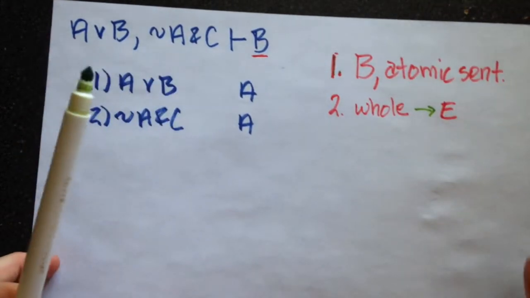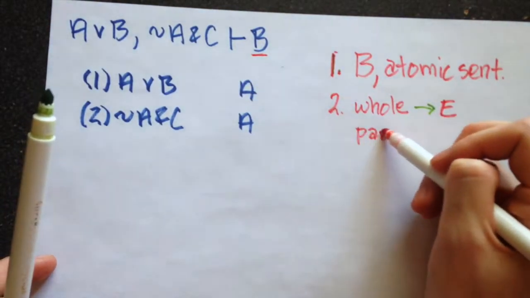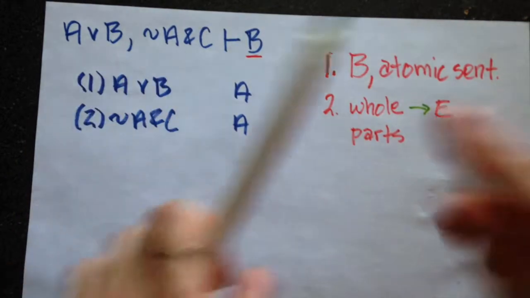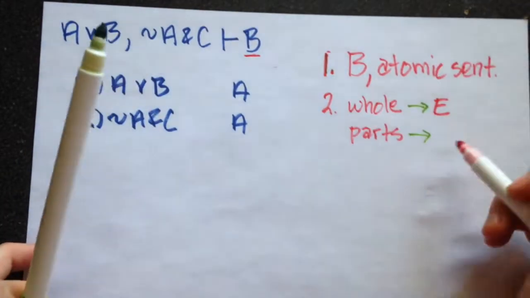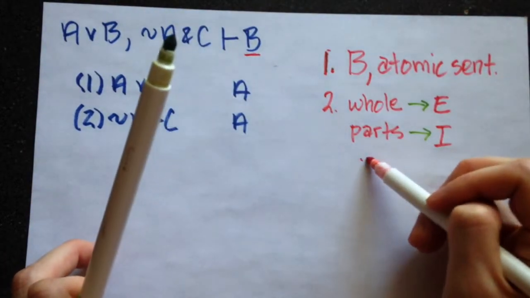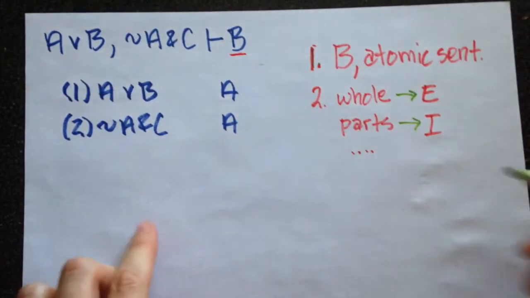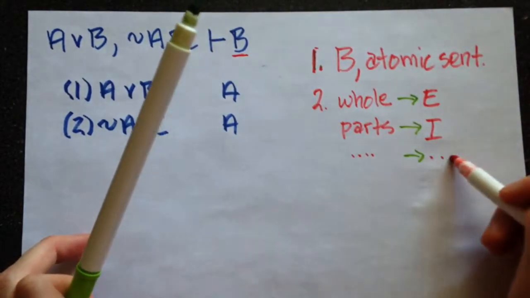There's the possibility that the conclusion B is embedded in parts, and that would tell us that we would be using overall an introduction strategy. And then there's a third option down here, and as I said before, we're going to get to that later in the week, so don't worry about that quite yet.